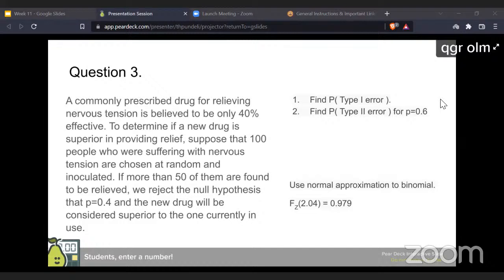So if you just look at the null P equal 0.4 and alternative P greater than 0.4, if you had to design a test, how will you design this? You can use the test statistic as the sample mean, right? Or you can use x1 plus x2 till x100.